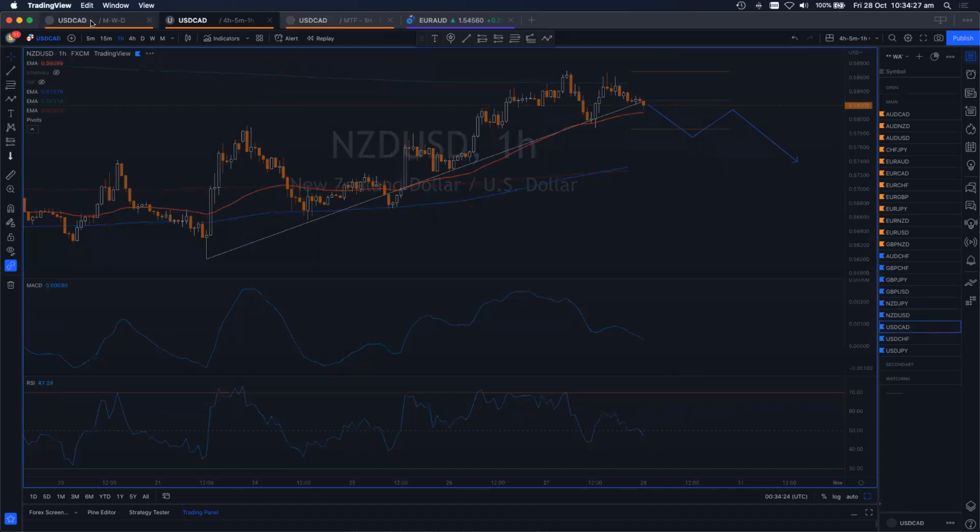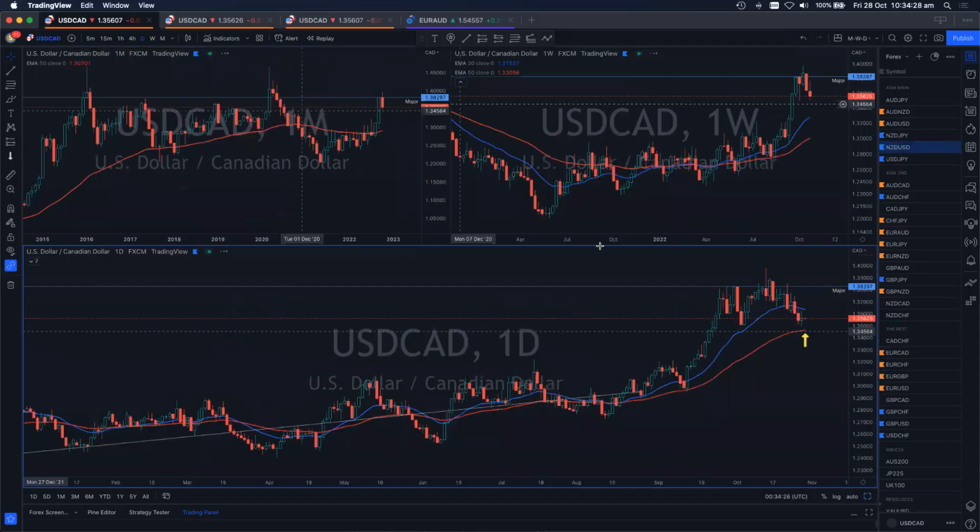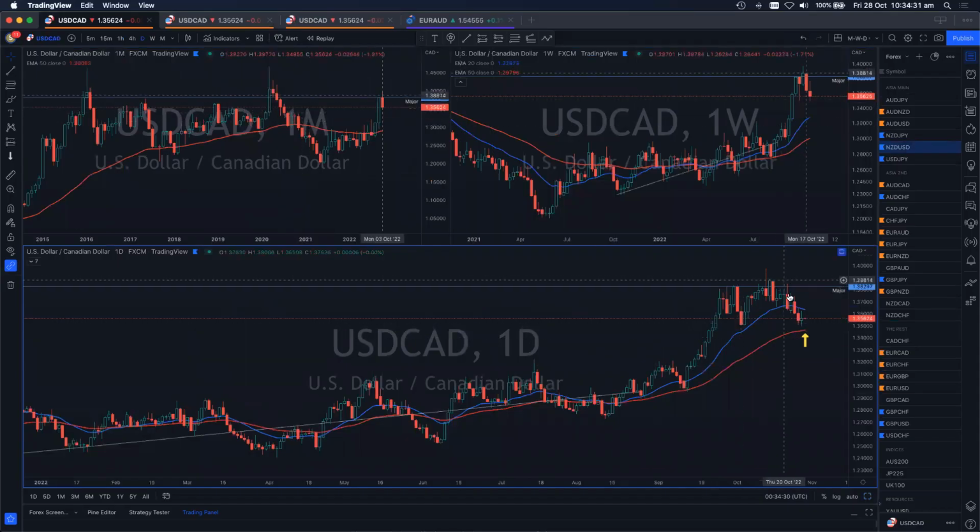Dollar CAD. Bearish pressure recently. We're now getting close to the daily 50. Maybe it's time for it to go long again. We've got a nice little doji candle there. So that could even be a power trend.